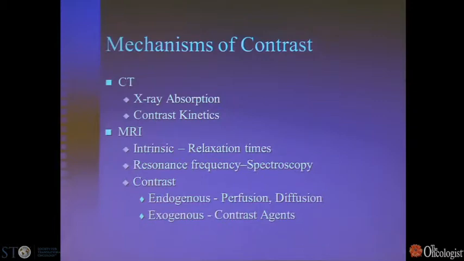There are intrinsic parameters based on relaxation times. There are resonance frequencies, which form the basis for MR spectroscopy and imaging combined. And again, there are contrast mechanisms based on diffusion or perfusion, as well as contrast agents that we administer as physicians.